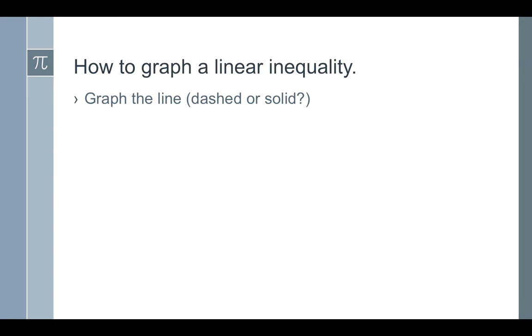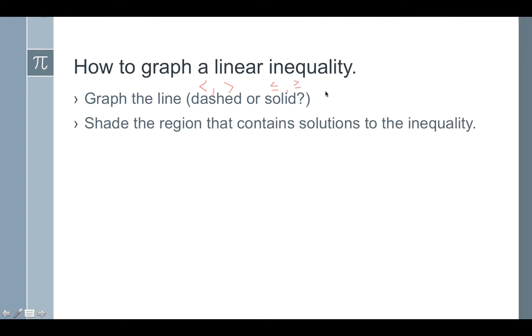A dashed line represents something that doesn't exist, and a solid line is something that exists. So a dashed line is for things that are either less than or greater than, because it doesn't equal the line. It's solid when it's less than or equal to or greater than or equal to. Okay, that's just when we graph the line.